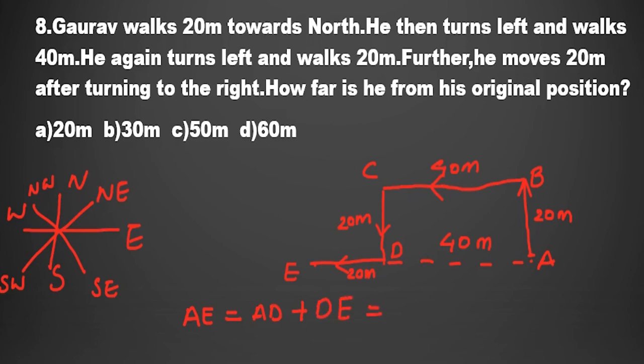We know that AD is equal to BC, so this is equal to BC, which is 40 meter, plus DE, which is 20 meter. 40 plus 20, 60 meter. So the distance between the initial point and the final point is 60 meter. So the answer is D, 60 meter.